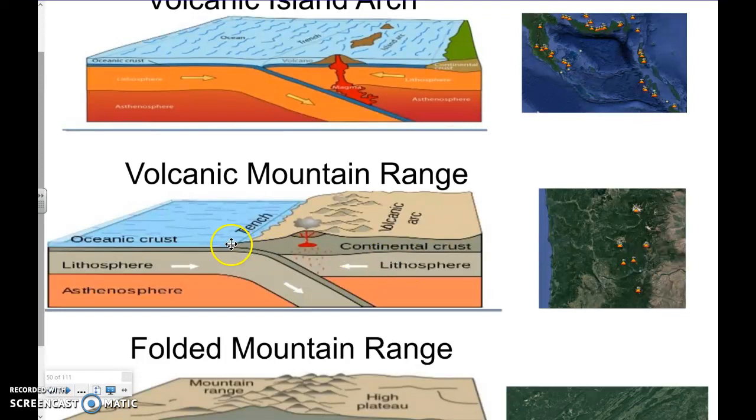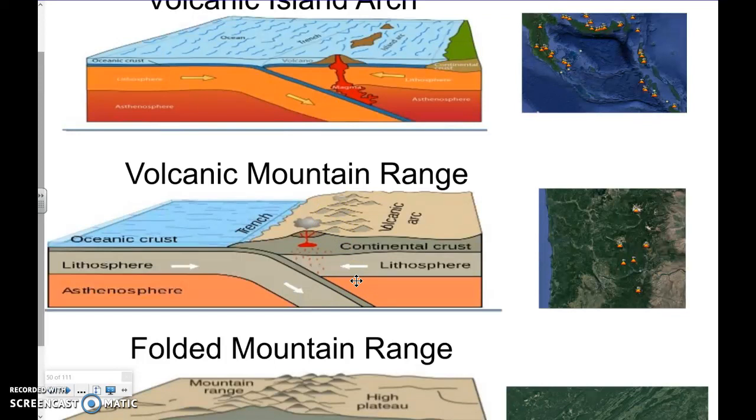And so when those two plates meet, the ocean crust always goes beneath the continental crust. So again, you can see a trench forming along the continent where the oceanic crust is being subducted below the continental crust. And it creates what we call a volcanic mountain range. Now again, your magma is trapped between the two plates. It doesn't really have anywhere to go except up.